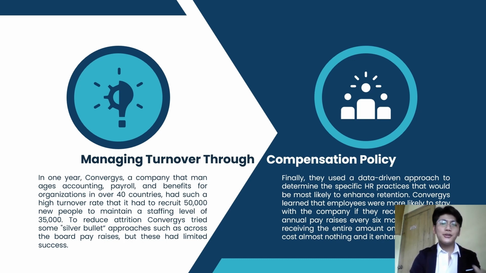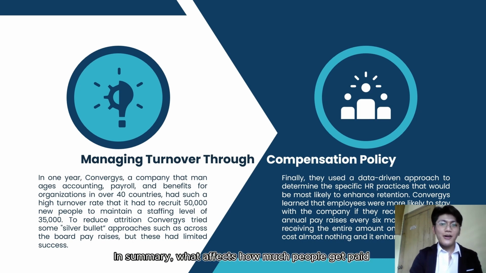Finally, they used a data-driven approach to determine the specific human resource practices that would be most likely to enhance retention. Converge learned that employees were more likely to stay with the company if they received half their annual pay raise every 6 months instead of receiving the entire amount once a year. This cost almost nothing, but it enhanced retention.